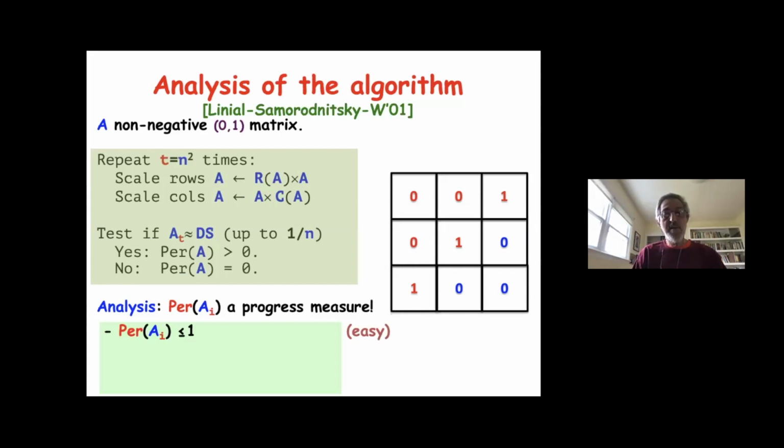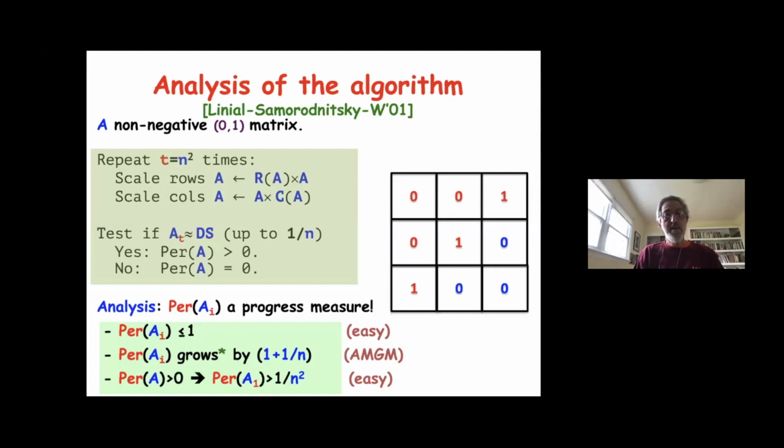And then, like in each one of such proofs, you prove the following three steps. You prove a uniform upper bound on all the matrices in the sequence. So let's say the sequence of matrices produced by this algorithm is A1, A2, and so on. Prove that the permanent is bounded on all of them. You prove that every step increases the permanent, if there is room to grow. This green star says there is room to grow.